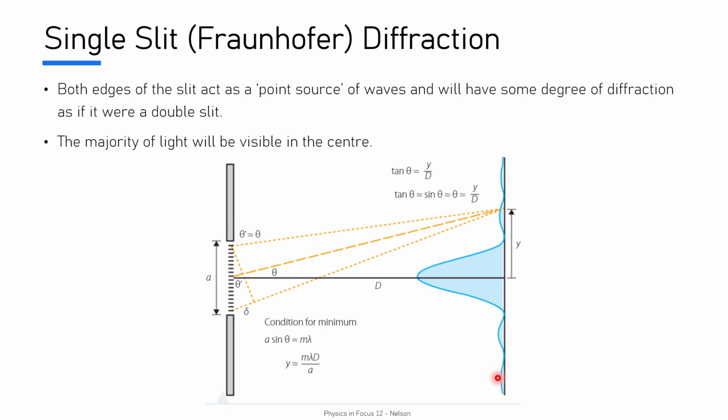The general explanation for how and why that happens is that both of these edges will act as a slit, some sort of point source for waves, where you will end up with diffraction on either side, meaning that you will end up with areas where there is constructive interference and areas where there is destructive interference. And so again, while most light will pull itself in the center, you will get these antinodes with a small intensity of light.